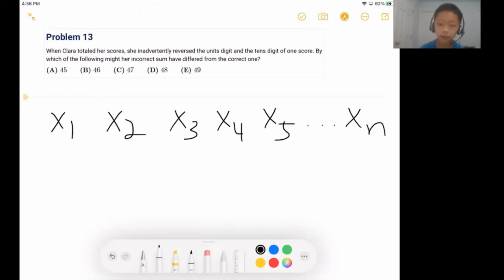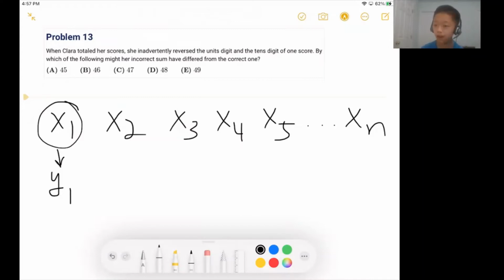And now she reversed the units digit and the tens digit of one of the scores. It doesn't really matter which one she reversed. Let's say she reversed the first test score by accident, so she accidentally turned it into a new number, a new score, Y1.